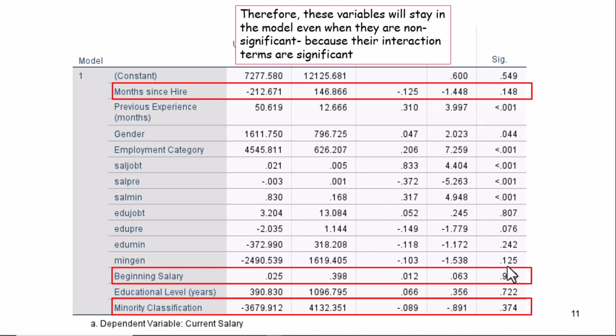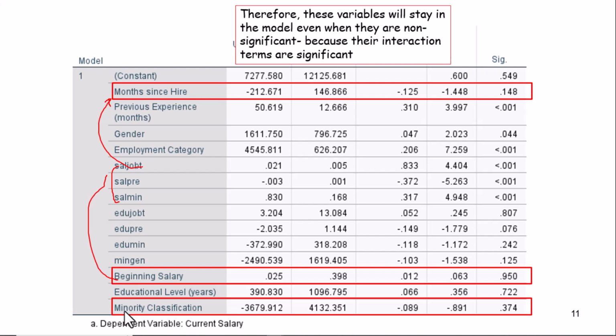For example, months since hire, that's the job time, we are going to keep this variable in the model because you can't have a higher order term when you don't have a basic variable. If an interaction term is significant, it is a must that you keep that basic variable in the model. Beginning salary is going to remain because of these three.